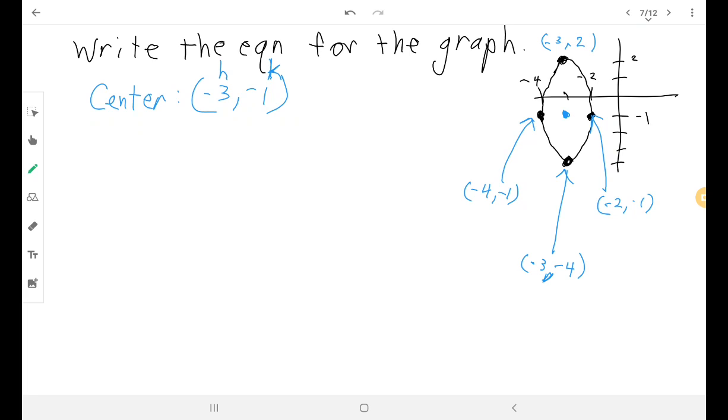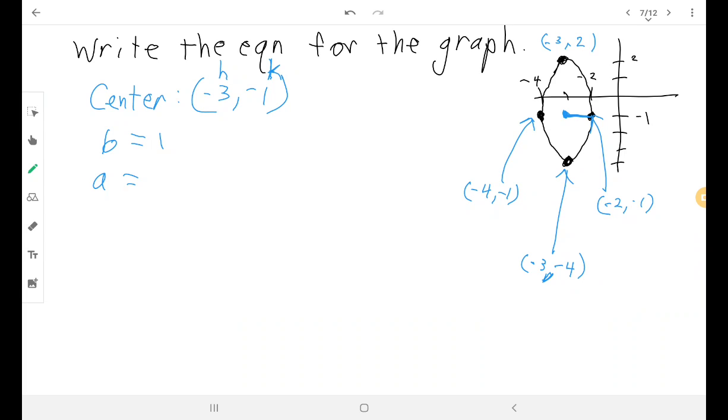Now I need my A and my B, which is similarly easy, especially now that I know how far I'm going. My B, which is always my short distance, is just a distance of 1, right? I go from -3 over to -2, or from -3 over to -4, that's a distance of 1.